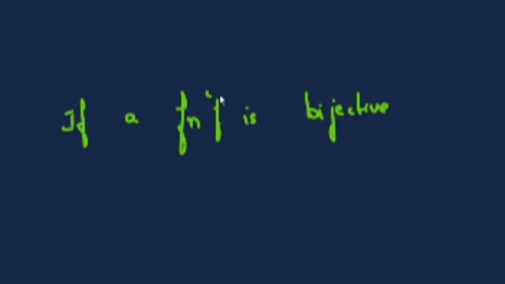If a function f is bijective, then its inverse exists. So if you have to find the inverse of a function, the function should be bijective. You cannot find the inverse of all functions. You can find the inverse only if it is a bijective function.